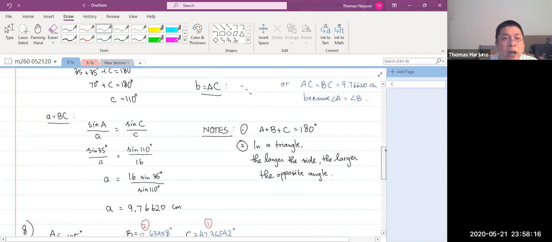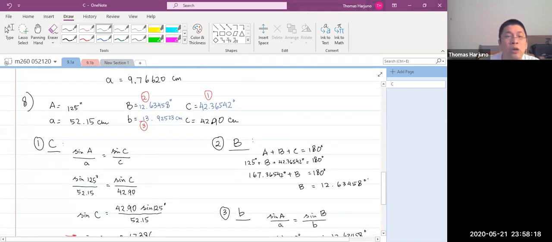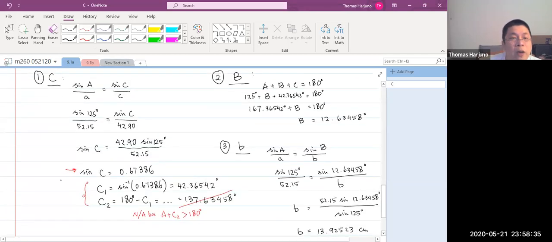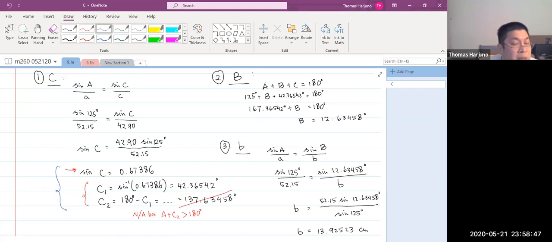Actually, for this number 8, unintentionally, we have been working on the situation where we have 2 sides and 1 angle. Do you notice that? When we are given 2 sides and 1 angle, the other angle may give us 2 possibilities.